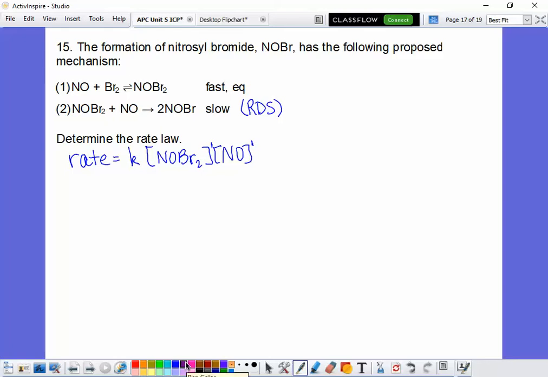All right. So, what can be said about NOBr2? What type of substance is this? Yes, it's an intermediate.